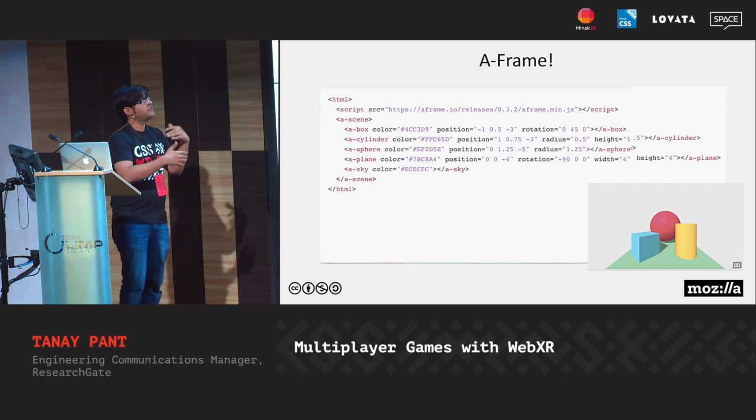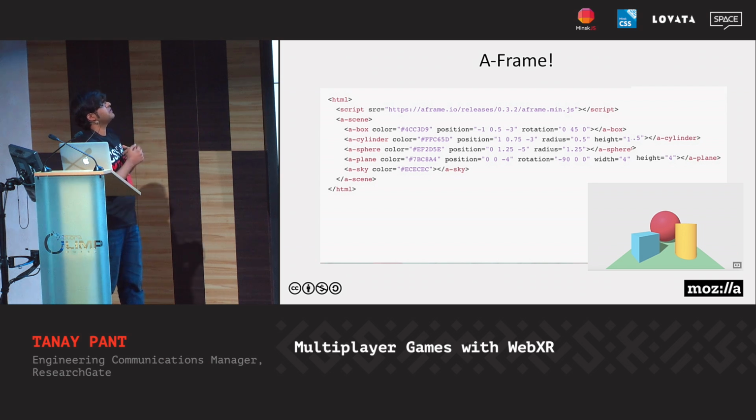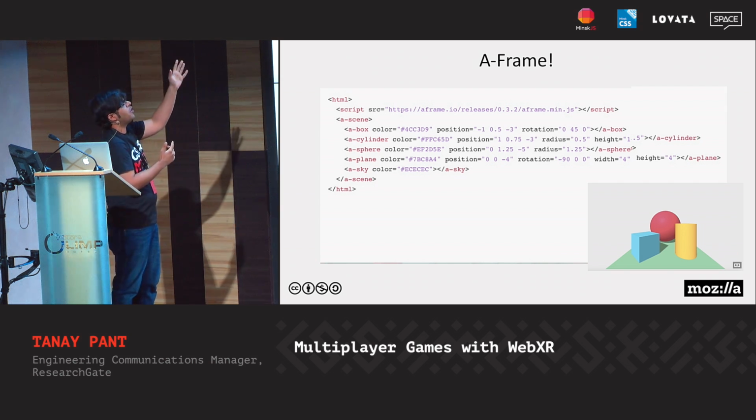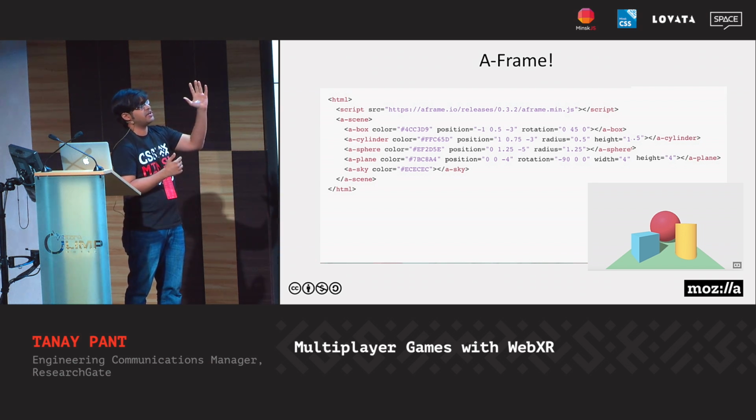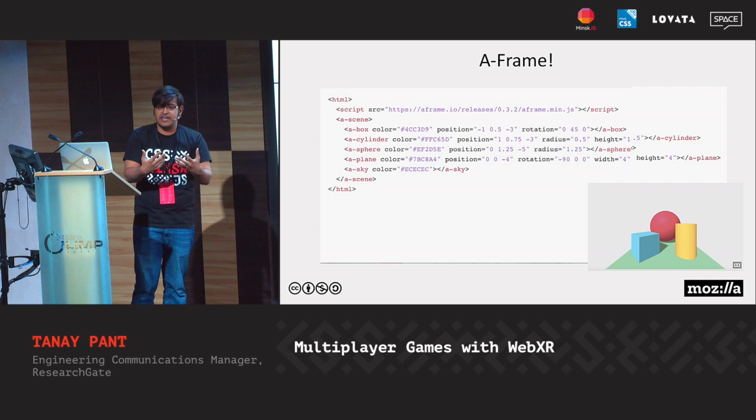And to further continue development in this, we put our stuff inside a-scene. You can see here that I have included some primitives which come with A-Frame, like box, sphere, cylinder, plane, and sky. They have many attributes of their own as well, like position and rotation, which are specified in the XYZ axis.